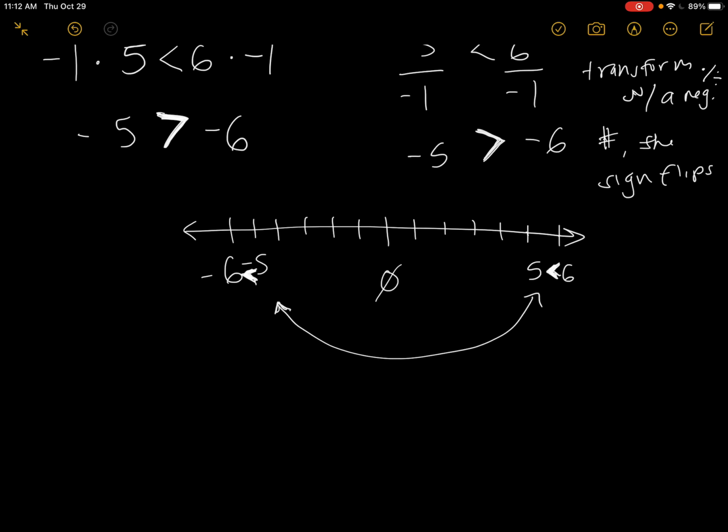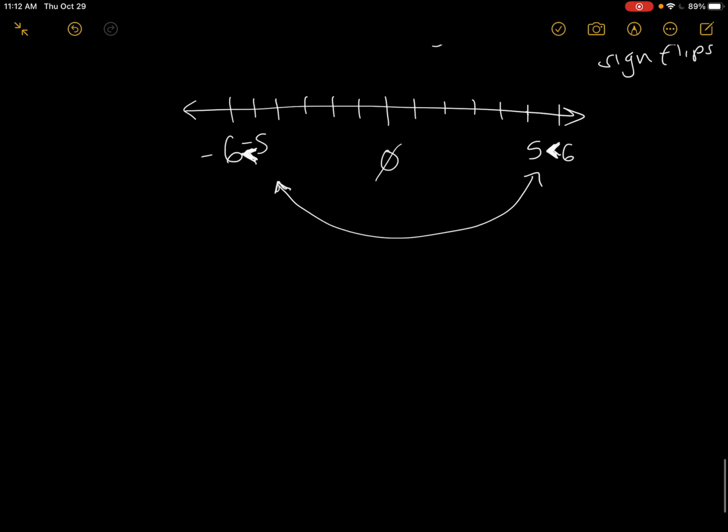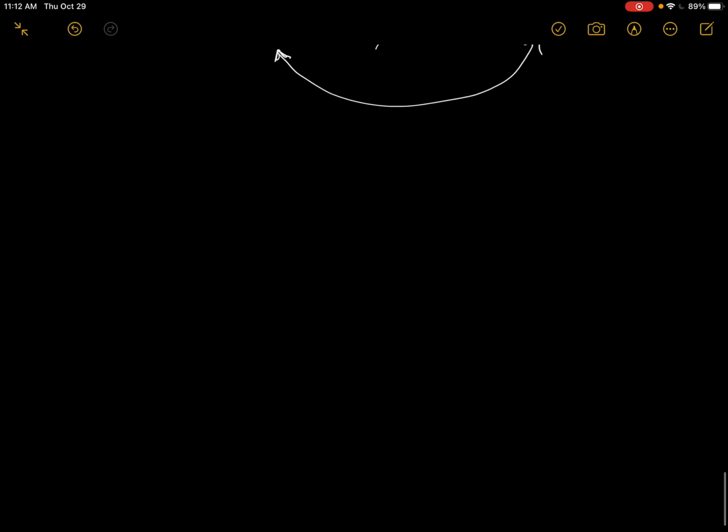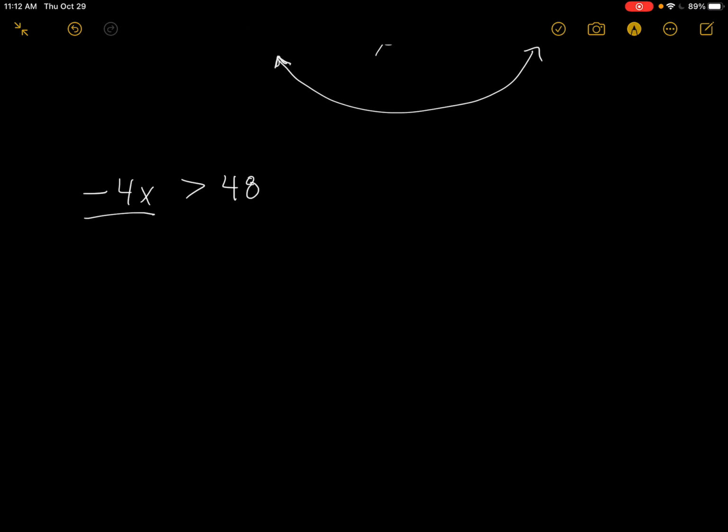Okay, so that's the one tricky thing with inequalities. It's still just like solving an equation, but then you have to pay attention, so let's do an example. Okay, I want to divide by negative 4, but see how I'm dividing by a negative number?